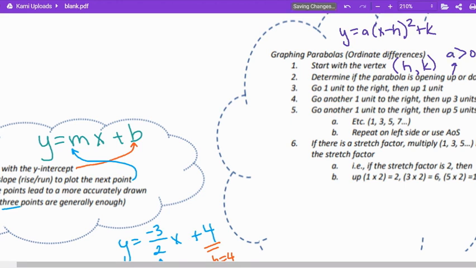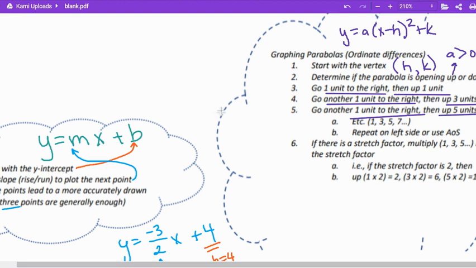Positive, negative. Now, we're going to use the step formula, also known as ordinate differences. Go 1 unit to the right, then 1 up. Go another 1 unit to the right, then 3 up. Another 1 unit to the right, then 5 up.